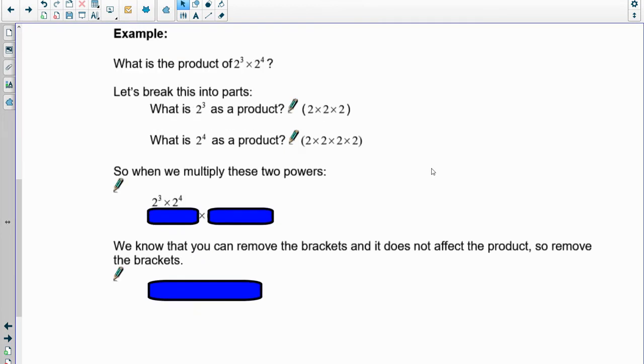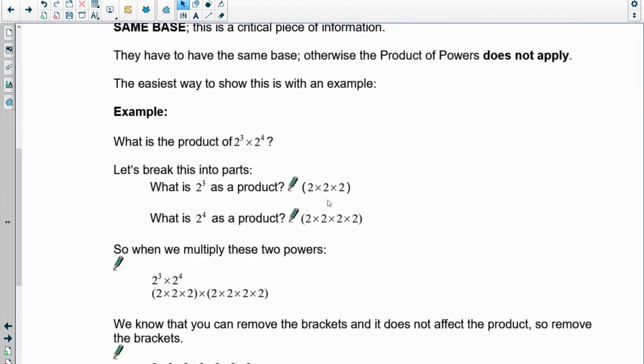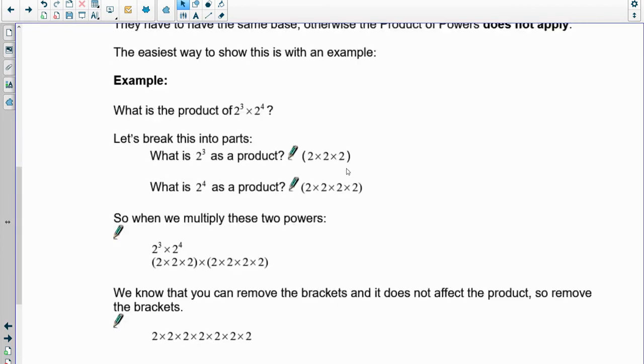So when we multiply these two powers, let's see what happens when we put them all together. Now notice that they're all the same base and they're related by multiplication. So that means we know that this is going to be 2 times 2 times 2 times 2 times 2 times 2 times 2. Right? So we have 7 of them. It doesn't matter if the brackets are in or out, because we know from up top here that brackets don't affect the answer.